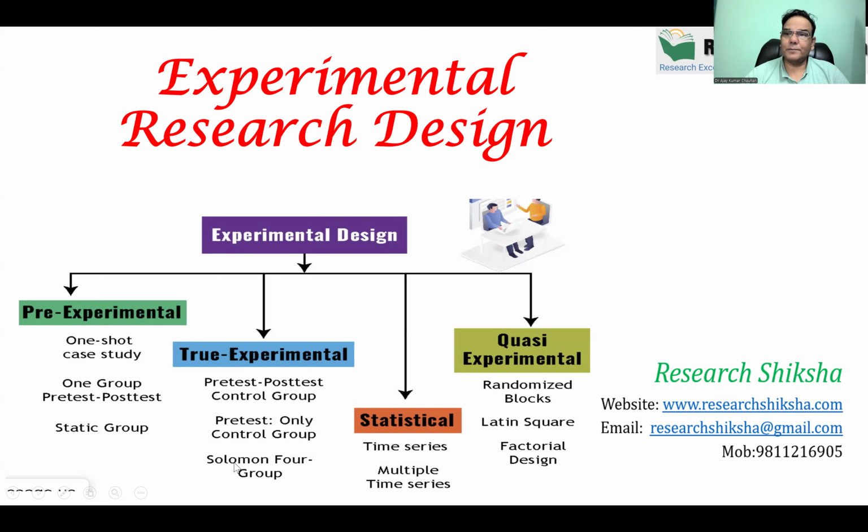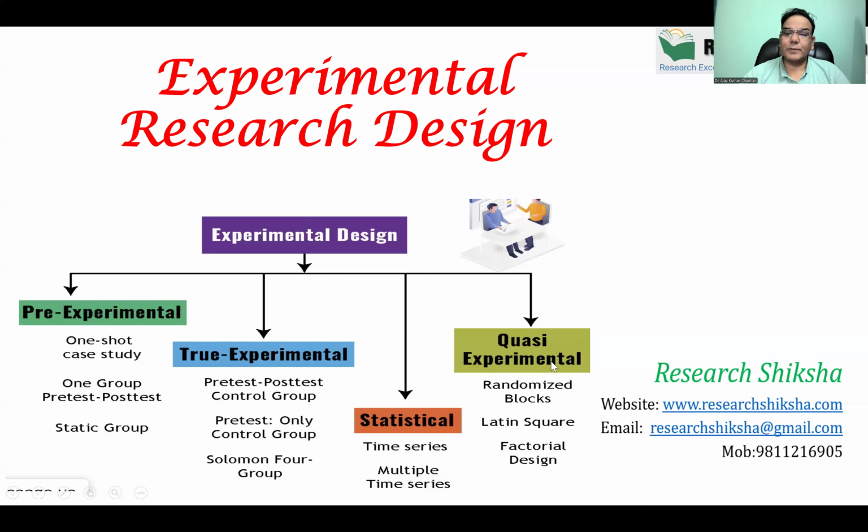These are the possible experiments in pre-experimental, true experimental, and quasi-experimental. But on the basis of my experience, I can say the pre-experimental and true experimental are not very popular. They have a lot of problems. Now you have to use the quasi-experimental designs.